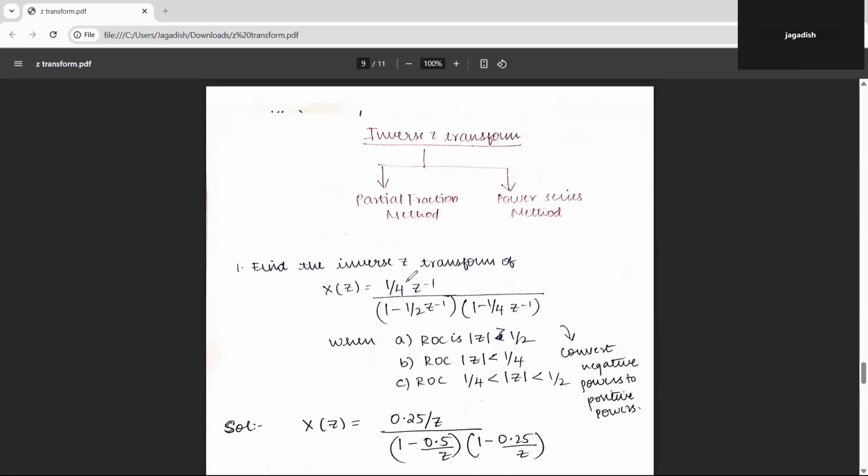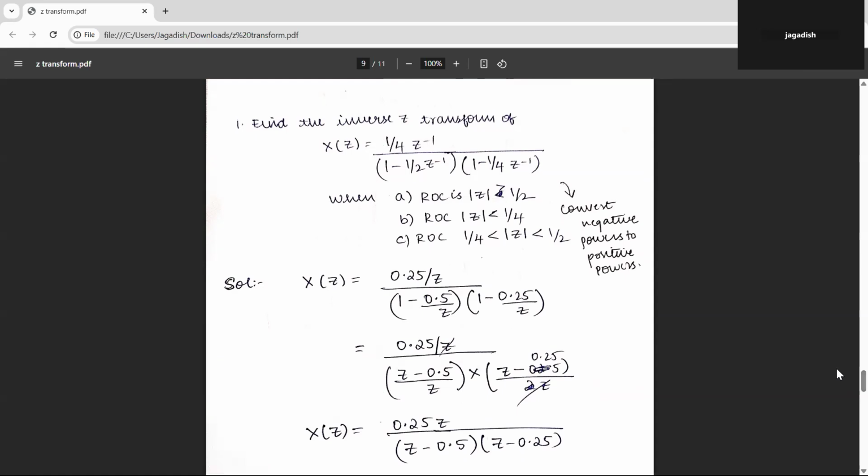You have to write the given fractions as decimal values and convert the negative Z to positive Z.